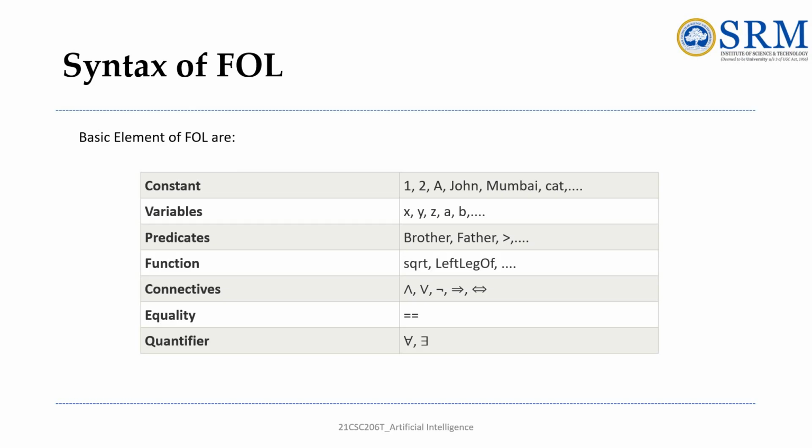Now see the syntax, how we build expressions in predicate logic. In first order logic, the basic elements are constants, which refer to specific objects like Ravi or Paris, variables which represent any object like x or y, predicates which represent properties or relationships like is tall or brother, and functions which return objects from other objects like father of, and connectives such as and, or, implies, and negation, not.